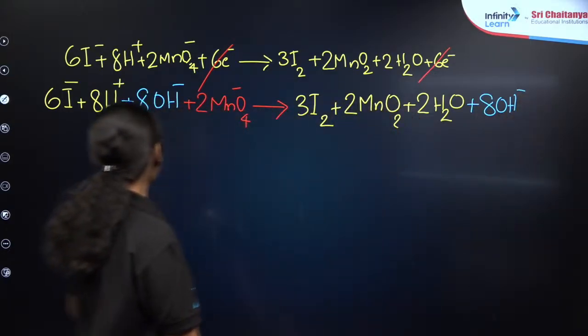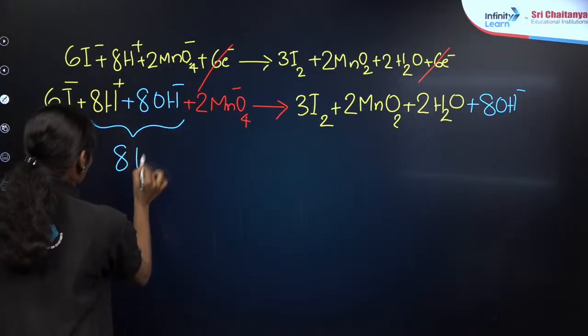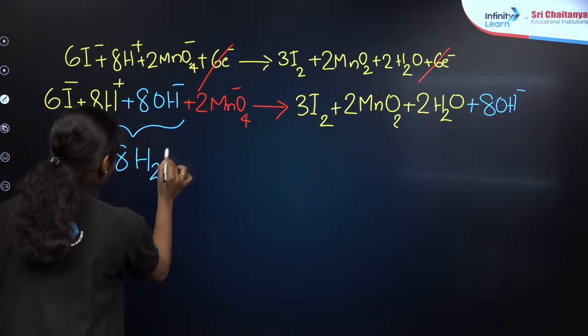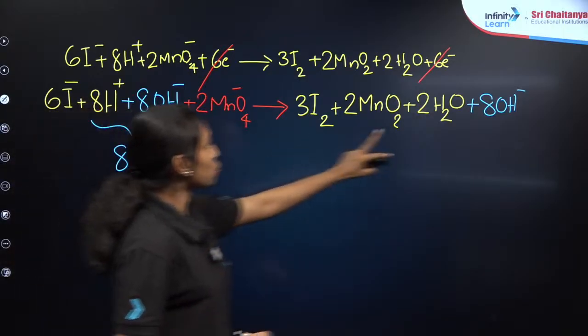Okay, what will happen here? These 8 H plus and 8 OH minus combine together to form 8 water molecules, right? Here it is 8 water molecules, and on the other side 4 water molecules.